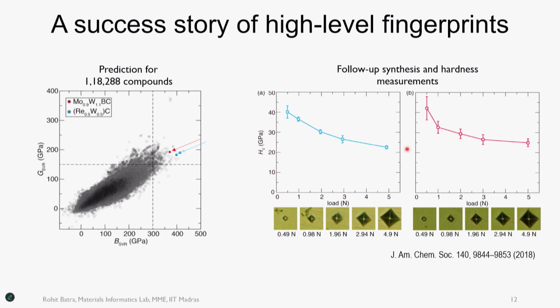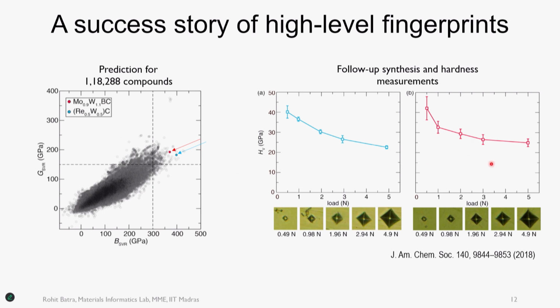I think there is a term for it. They found that the hardness of these carbides is indeed very high as compared to some of the known inorganic materials that we have.